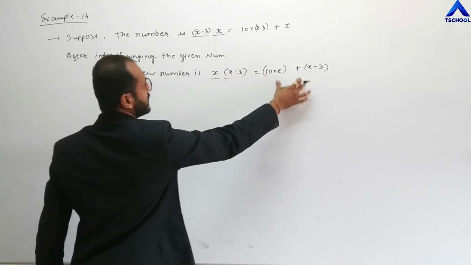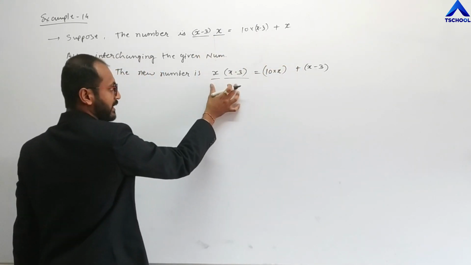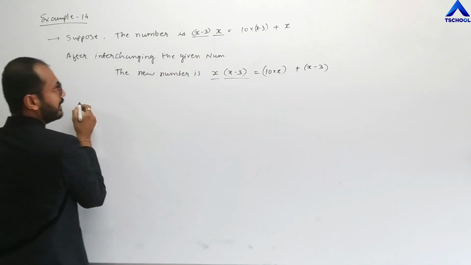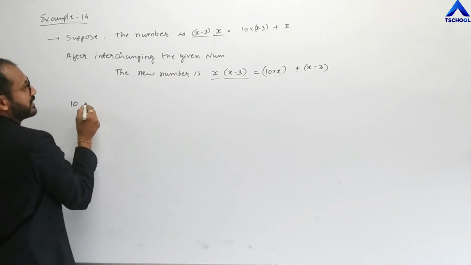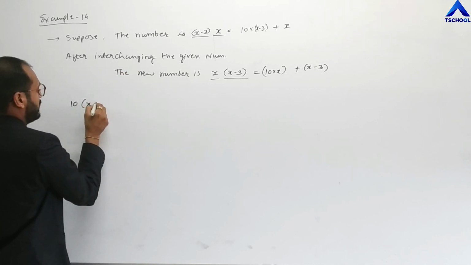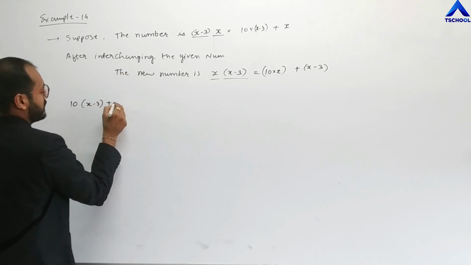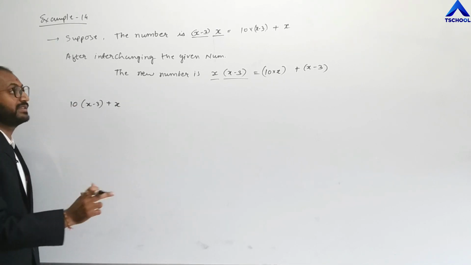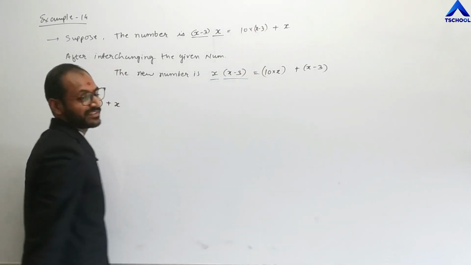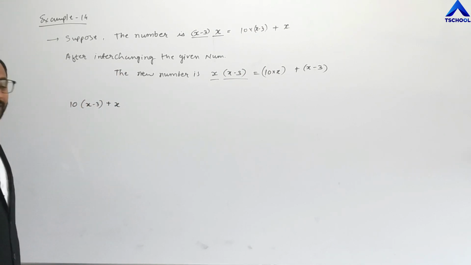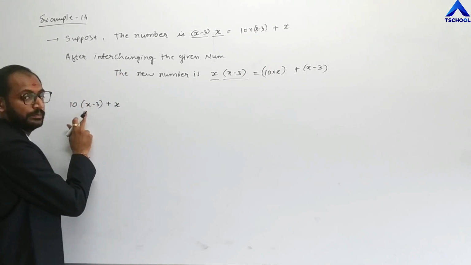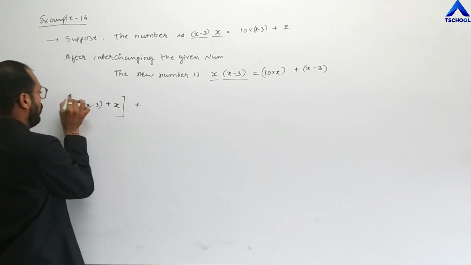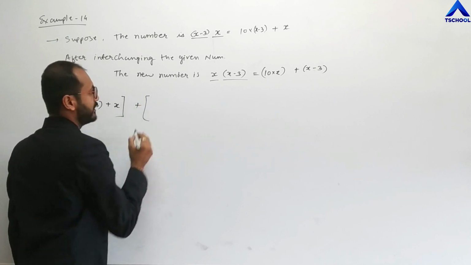So let me add the two numbers: 10 into (x minus 3) plus x. Here 10 is multiplied by x minus 3. This is the expression form. Plus, this is the old number and this is the new number.